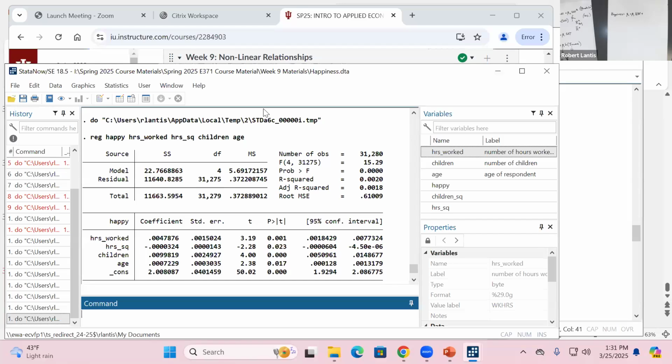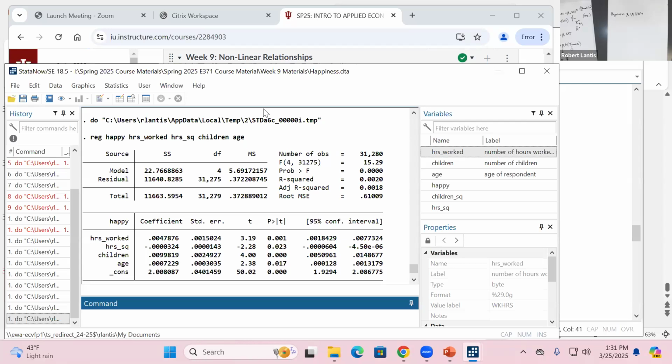That turning point of hours worked would be negative beta 1 over 2 beta 2, right? And then it's just a matter of plugging in our values and figuring out at what hours worked does working an additional hour actually have a negative impact on my happiness, right?